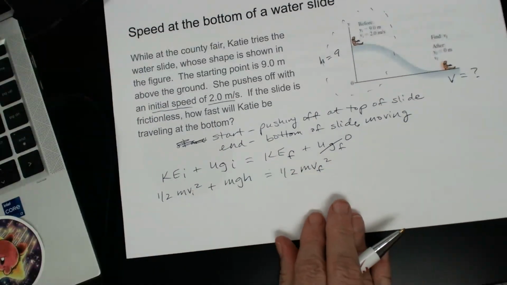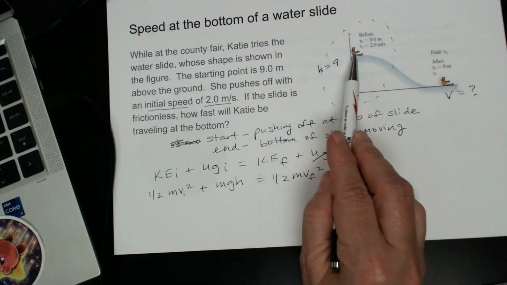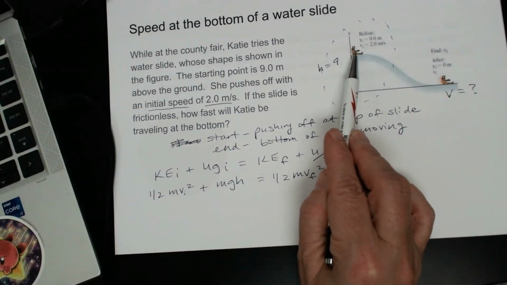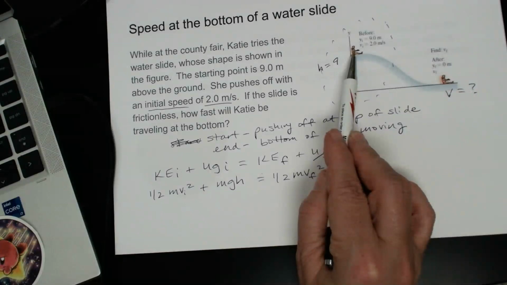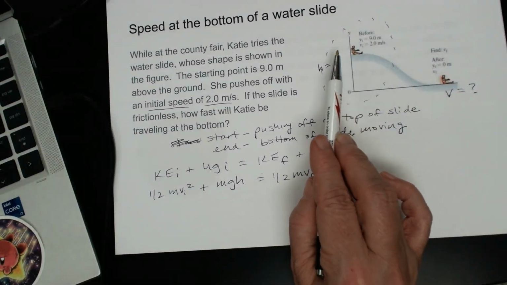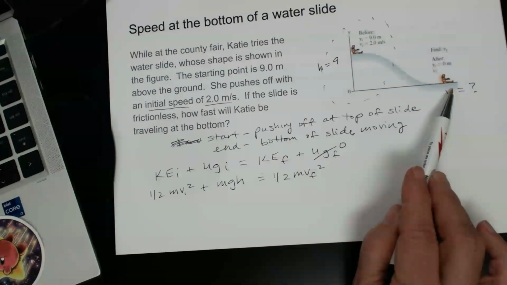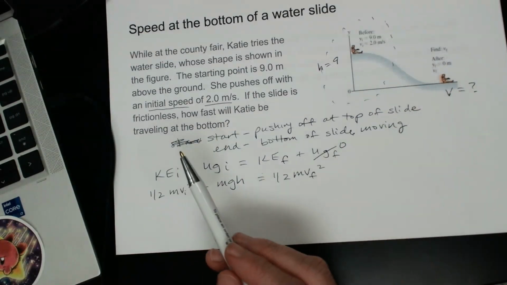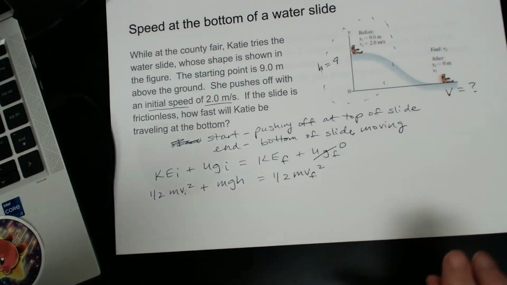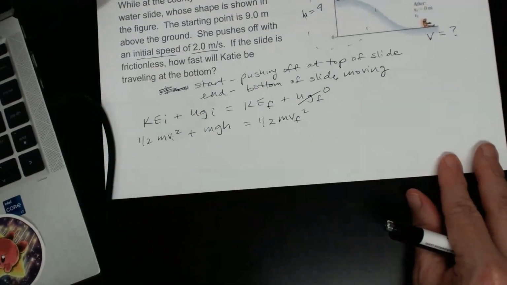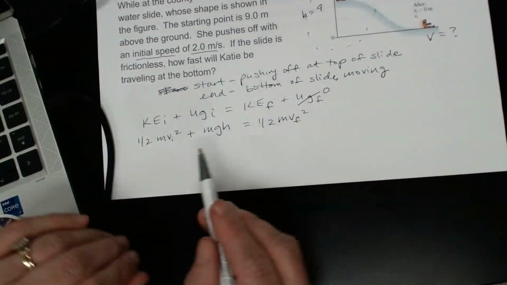So she is starting off with both kinetic and potential because she's moving and she's at a height. She's pushing off the slide and moving down the slide. And then at the bottom, she's got only kinetic because now we have no more height. Nothing elastic happening here, so we don't have to worry about that type of energy.